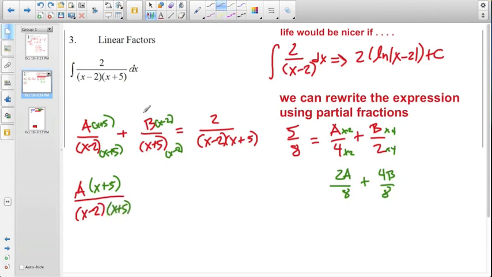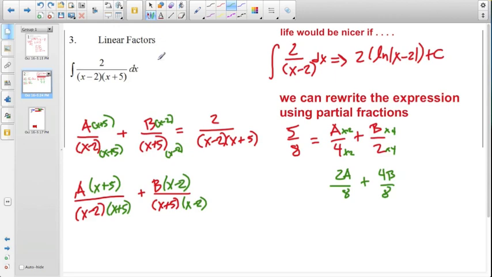And then we end up with this fraction as b times x minus 2 all over the same denominator. I'm just going to write it in reverse order, x plus 5, which is the original denominator, times x minus 2. And so now that will be mathematically equal to this expression here because we have the same denominators.